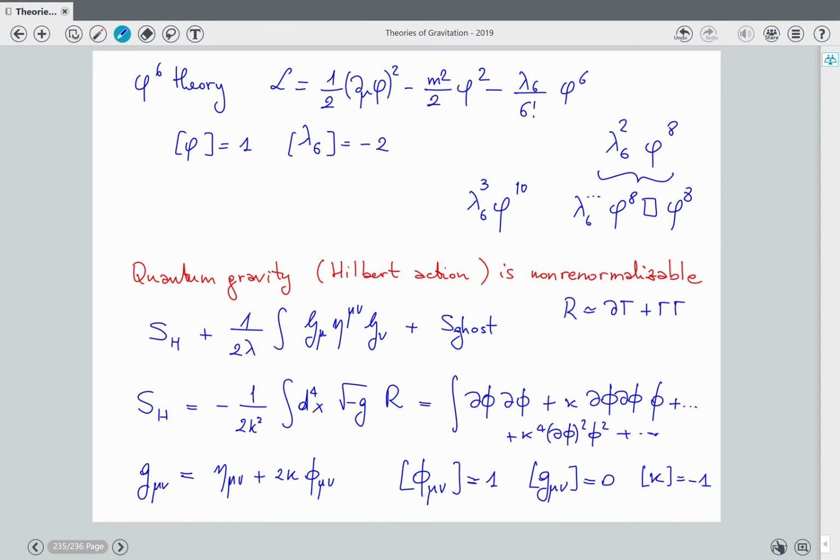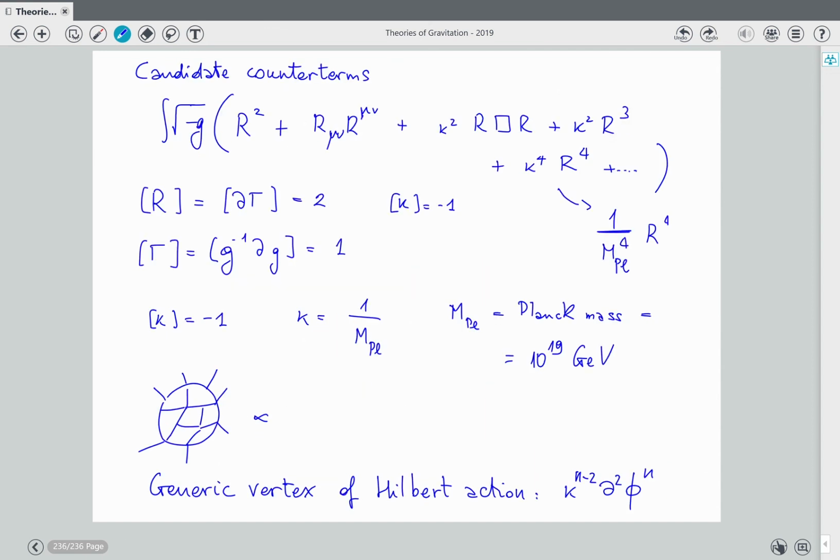Because each phi has a kappa and there is a 2 in front. So let's consider a generic diagram and call L the number of loops, I the number of internal legs, and V the number of vertices.